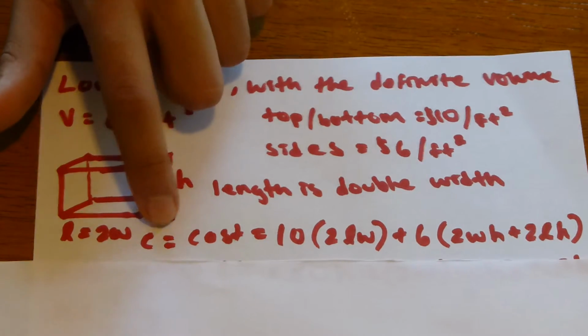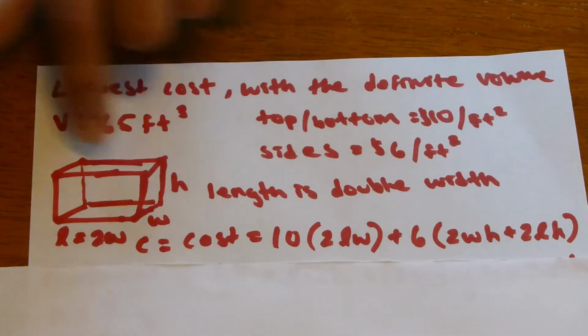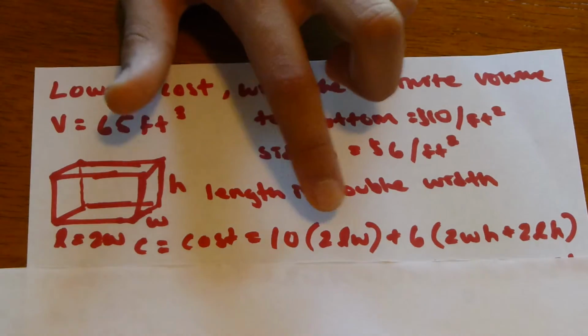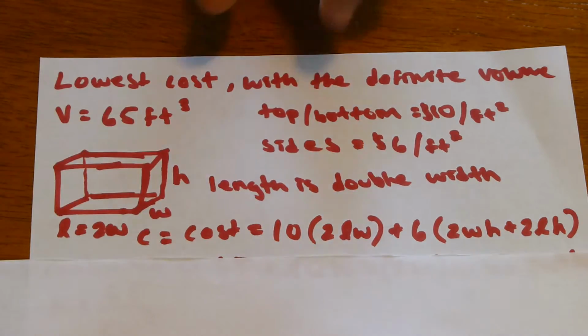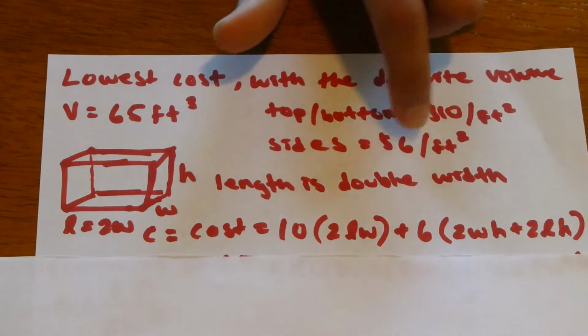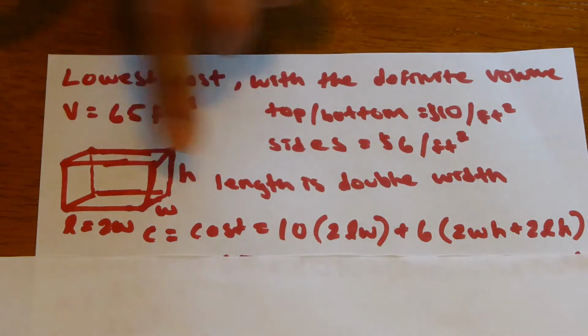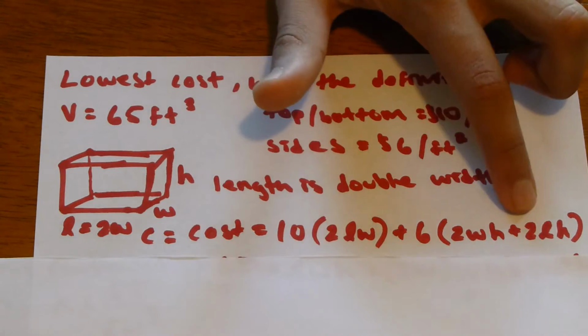So the cost C is given as 10, which is the cost of the top and bottom, times the area of the top and bottom, which is length times width, multiplied by 2, which accounts for the top and the bottom. For the sides, we find 6, which is the cost of the sides, multiplied by the area of the sides, which is 2 times width times height, plus 2 times length times height.